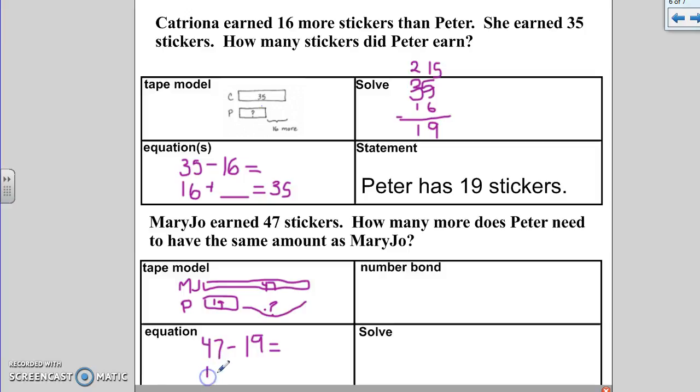Or we can start with the smaller part that Peter has, which is 19, and pretend to add the part we don't know. These two parts are going to be the same size as Mary Jo's, which is 47. Go ahead and pick one of these equations. Press pause and solve.